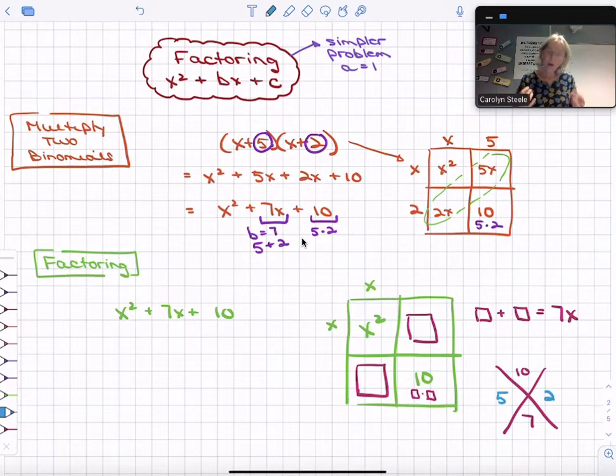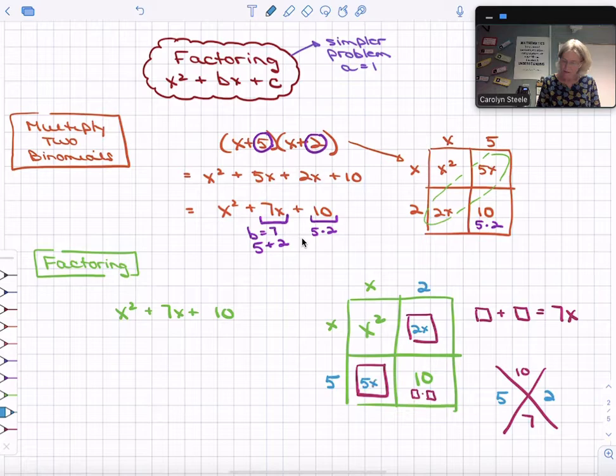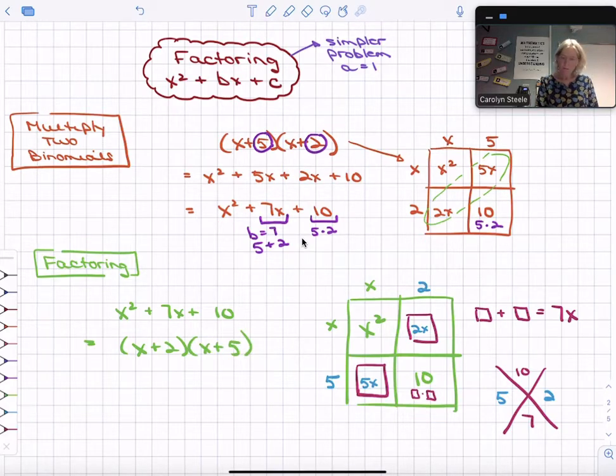So that tells me those two numbers, 5 and 2, are the side lengths, because we know 2 times 5 is 10. We'd have 2x here and 5x there, and I know that those two things add together to be 7x. That tells me now that this factors into x plus 2 times x plus 5. We need to find two numbers that add together to be 7, b, and multiply together to be 10, c.